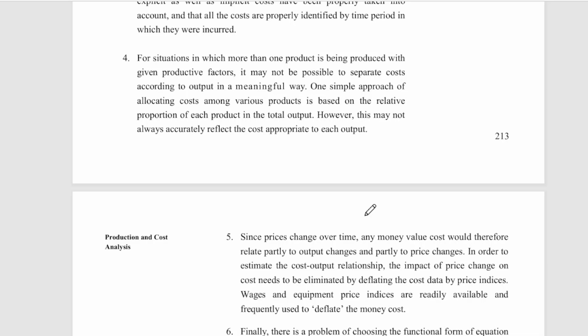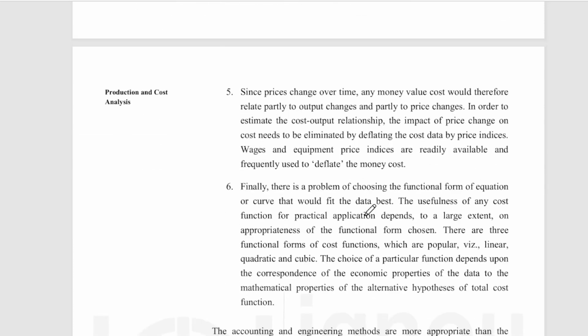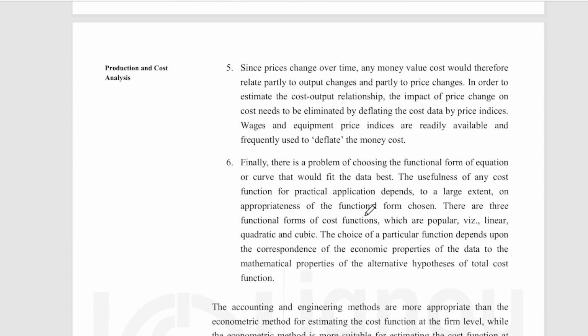One simple approach of allocating cost among various products is based on the relative proportion of each product in the total output. And fifth is, since prices change over time, any money value cost would relate partly to output change and partly to price change. In order to estimate the cost output relationship, the impact of price change on cost needs to be eliminated by deflating the cost data by price indices.